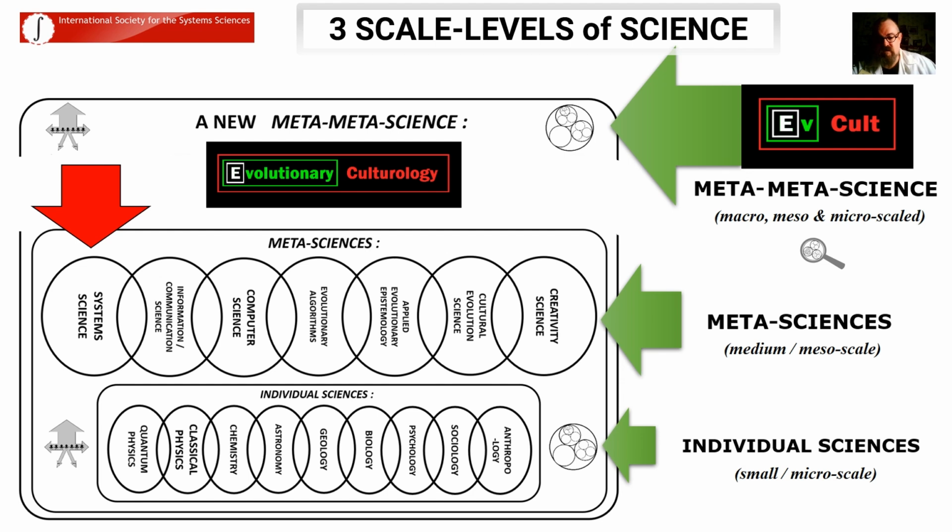So from atoms to molecules to organisms to solar systems and galaxies, etc. So you can do information science or communication science, studying how the information is moving about in any of those individual sciences down the bottom, physics, chemistry, biology, sociology, etc.